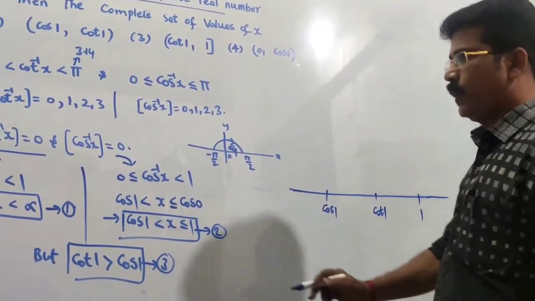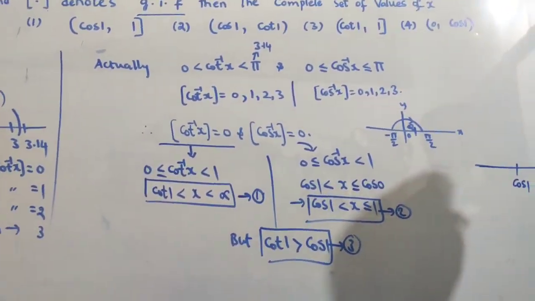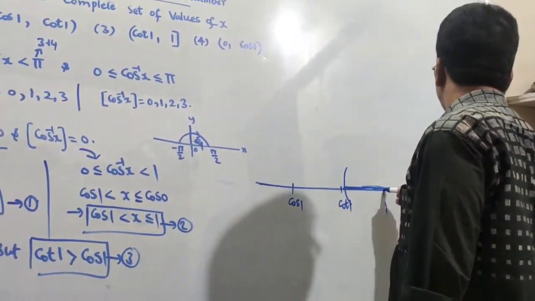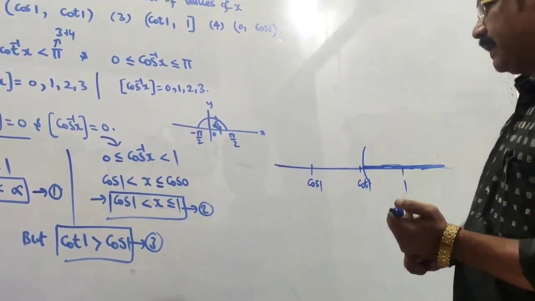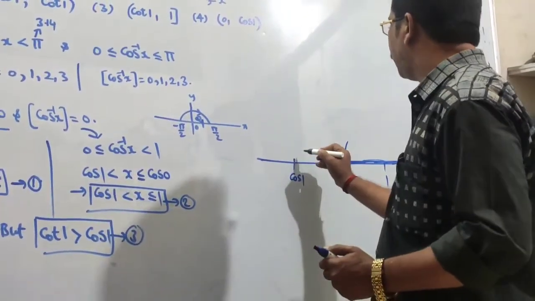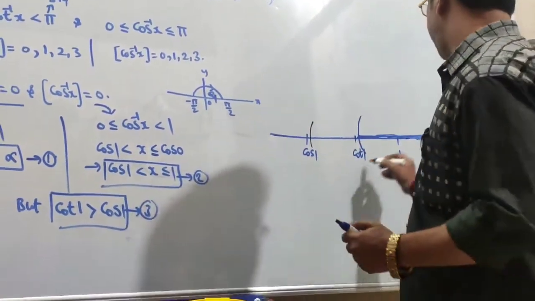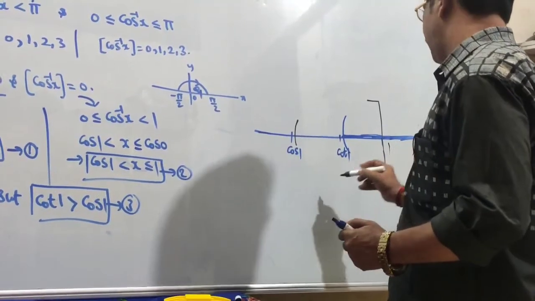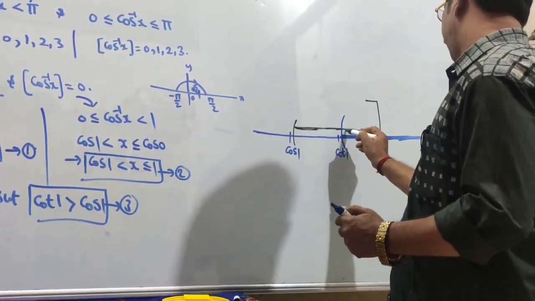So cot 1 to plus infinity is the blue area. Next, another is cos 1 to 1. Cos 1 means this value to 1. Here equality is there, that's why we are considering a closed interval. So this is the black shaded part.